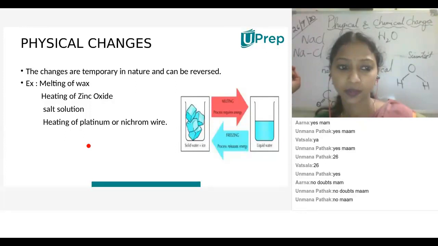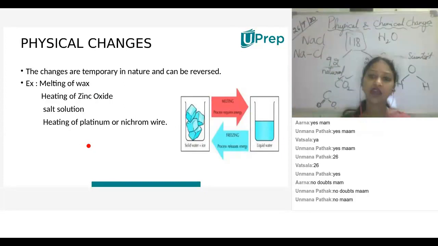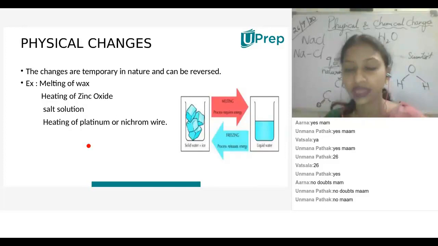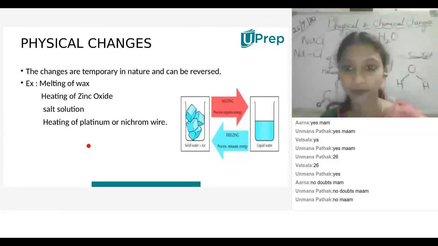Understood? Yes or no? Then, heating of zinc oxide. The zinc oxide compound is white in color. When you heat the zinc oxide in a watch glass or in a test tube, immediately it turns yellow on heating.